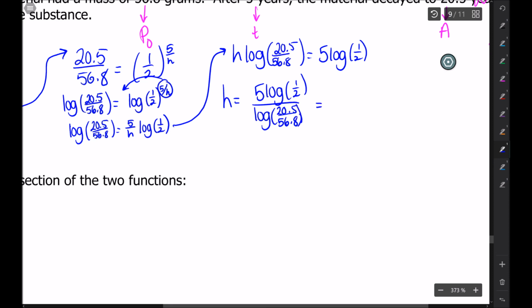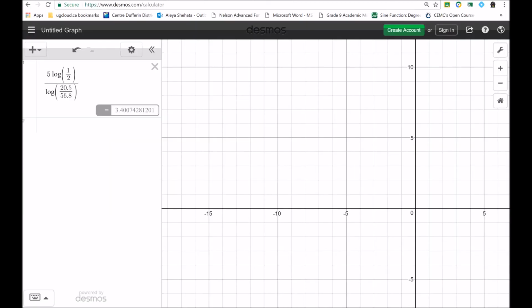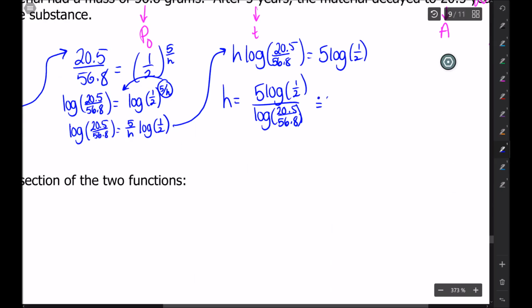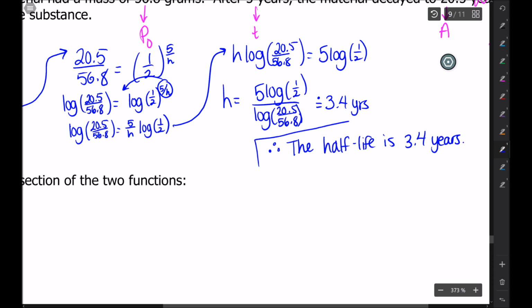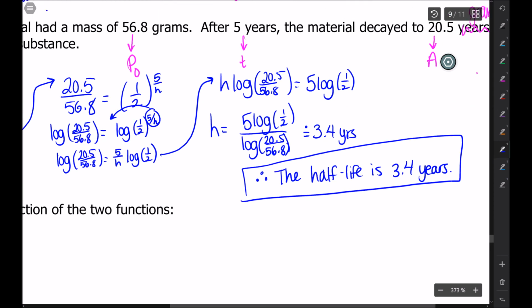So when I type that in, 5 times log of 1/2 over log of 20.5 over 56.8, I get this value right here, which is approximately 3.4 years. So we can say, therefore, the half-life is 3.4 years. Okay, and we are all set to go with this question.